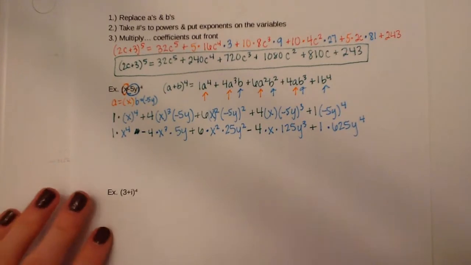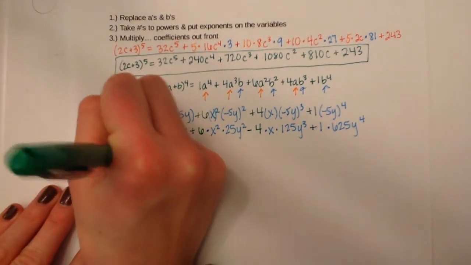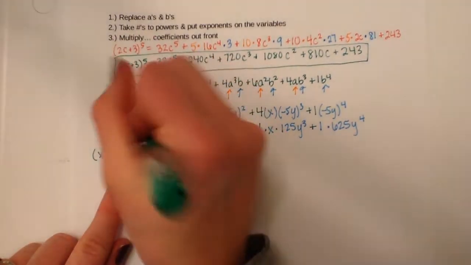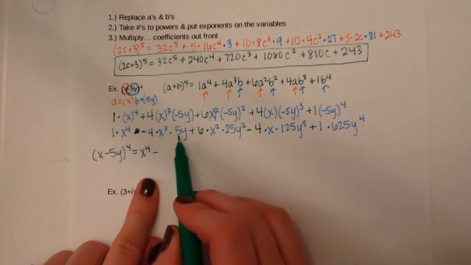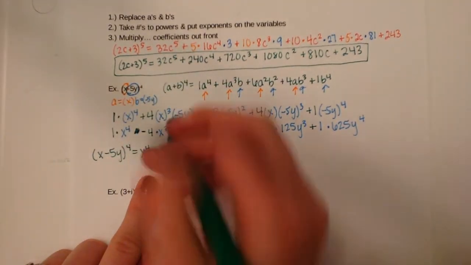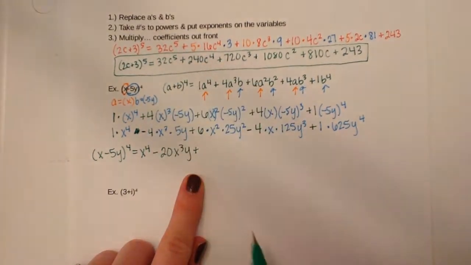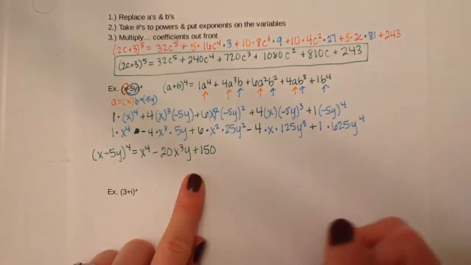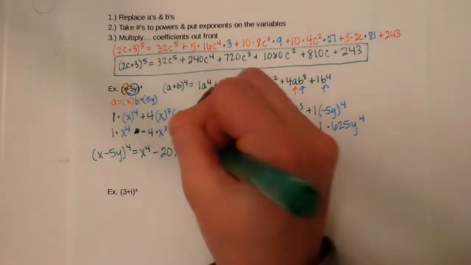Now we can simplify it. So we have our original problem, which was x minus 5y to the 4th. That's going to equal, well, 1 times x to the 4th is x to the 4th minus 4 times 5, which is 20, x cubed y, plus 6 times 25 is 150, and we still have x squared, y squared.